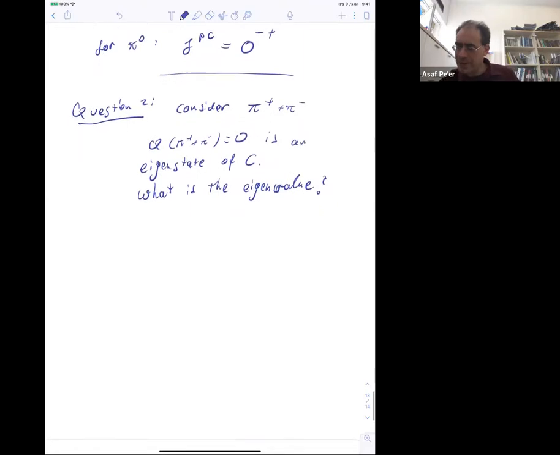So again, this comes back to one of the questions that I would ask. You can think of the two pions as having a small separation with some distance r, right?